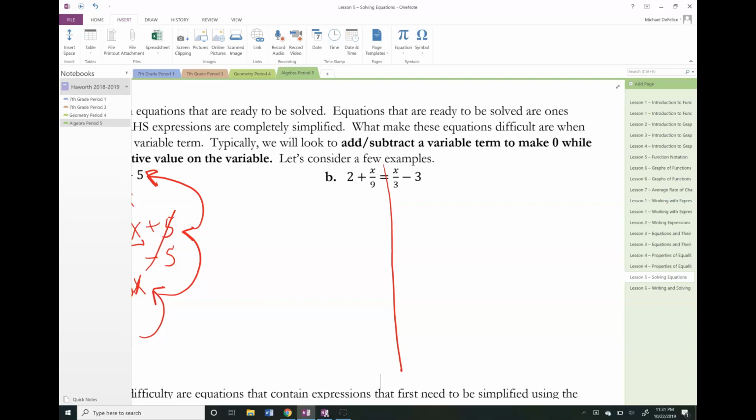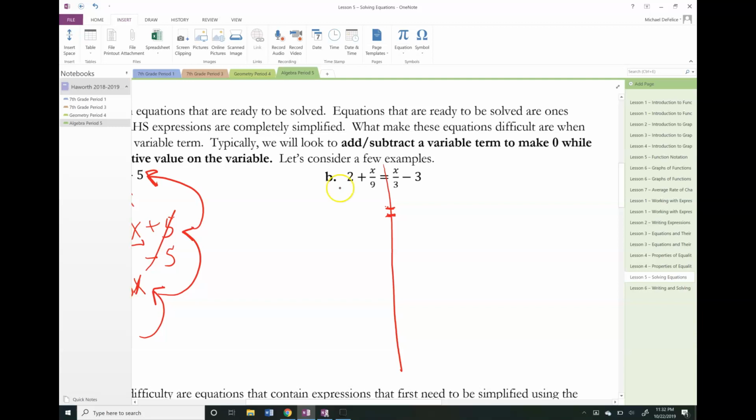So if I want to clear fractions here, I'm going to have to multiply by a number such that the denominator of each of the fractions will go into that number a whole amount of times. So for B, and you'll see after I do the work, I'm going to multiply this equation by 9.